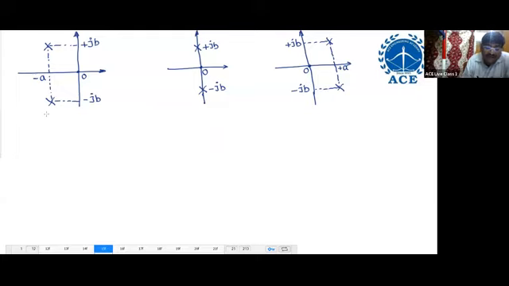Now find the transfer function 1 by. So what is the transfer function here? 1 by S equal to minus A, that means S plus A. S plus A minus JB into S plus A plus JB.